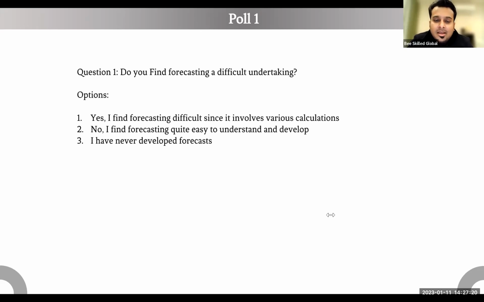And whenever I was not able to do it, I would ask for help from the experts. But even if you want to ask for help, you need to be able to understand the basics. Now, as I see on the screen, 79% of people have either not developed forecasts or they find it quite difficult, compared to 21% who find it quite easy to understand and develop forecasts.